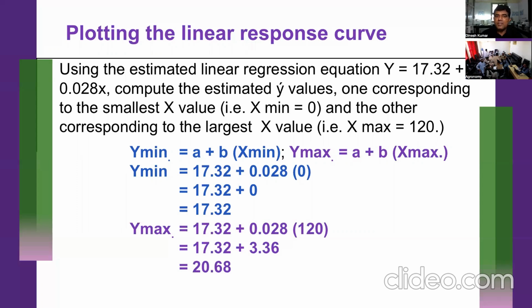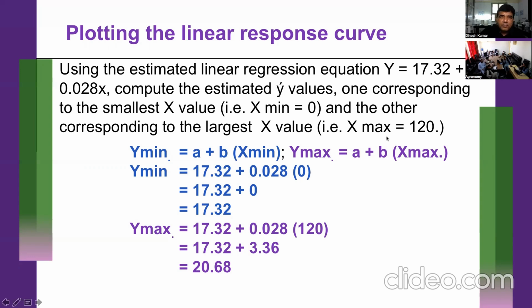So using the estimated linear regression equation, y is equal to 17.32 plus 0.028x, compute the estimated y values: one corresponding to the smallest x value, x min is equal to 0, and the other corresponding to the largest x value, x maximum 120.